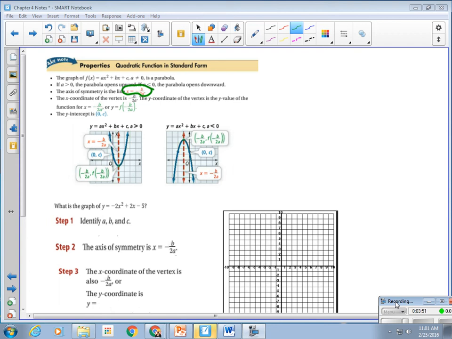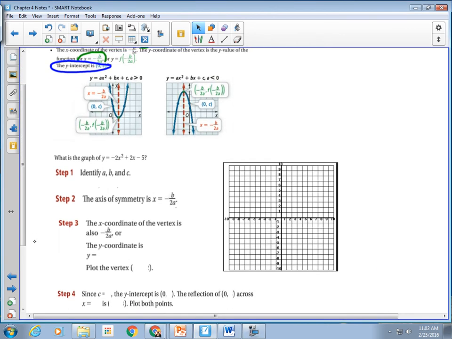The x coordinate of the vertex is x equals negative b over 2a. The y coordinate of the vertex is whatever you get when you plug that x value into your function. The y-intercept is going to be at 0, comma c. Those are big time important pieces. Let me show you how to use those formulas to find the important pieces of a quadratic in standard form.